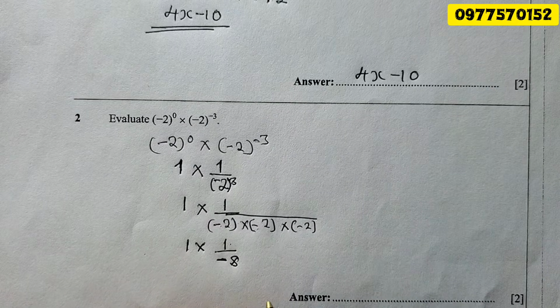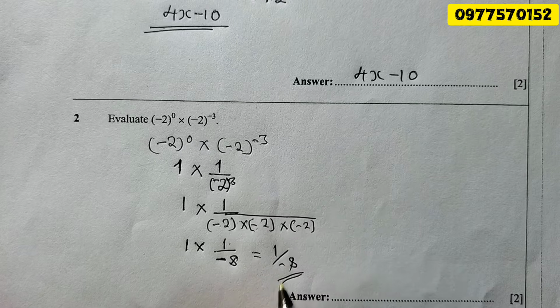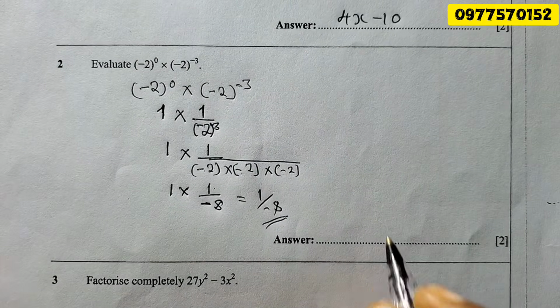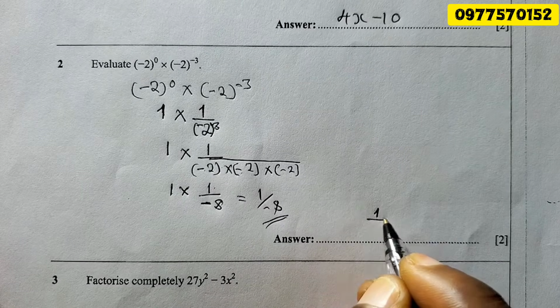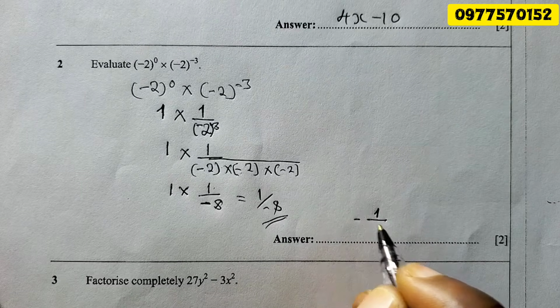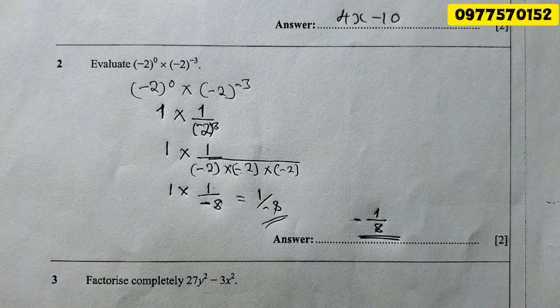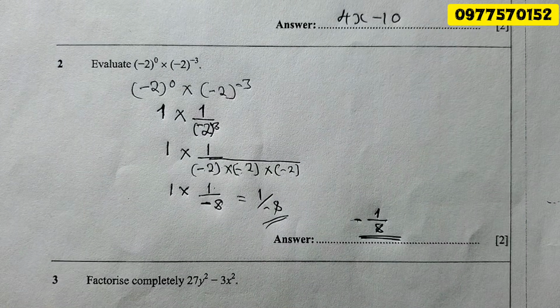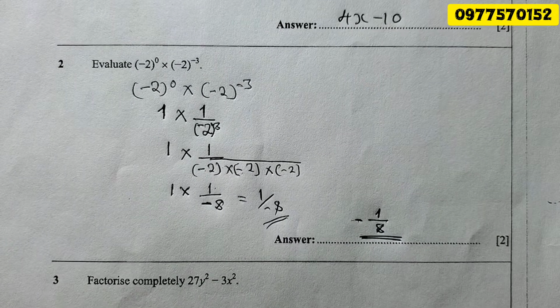Then 1 times 1 is just 1. So the answer here is 1 over negative 8. So I'm going to write my answer as 1 over negative 8, and this is our final answer. Are we together?